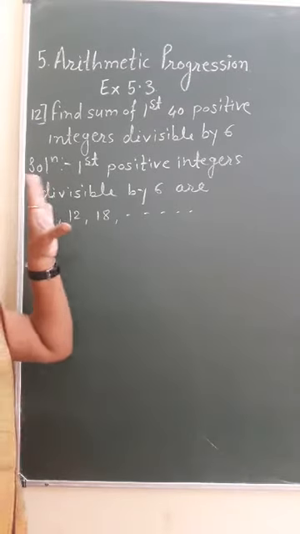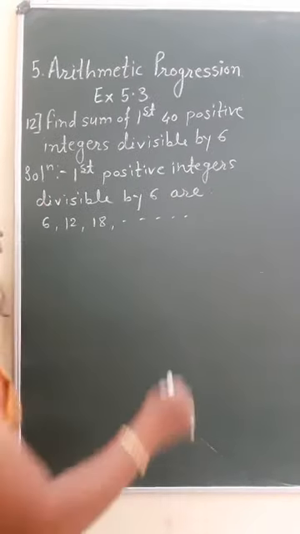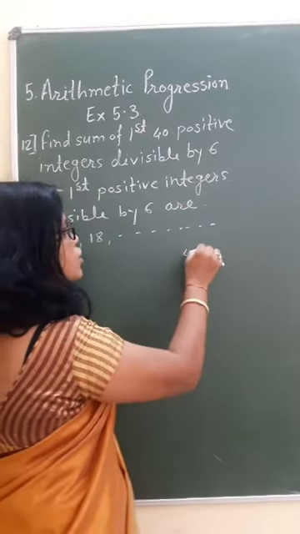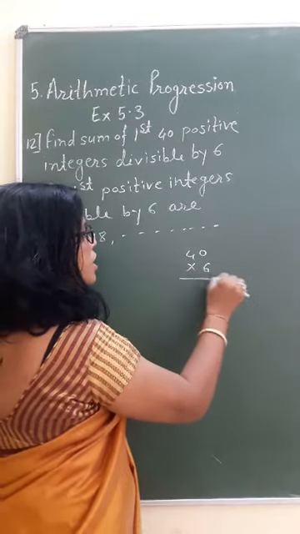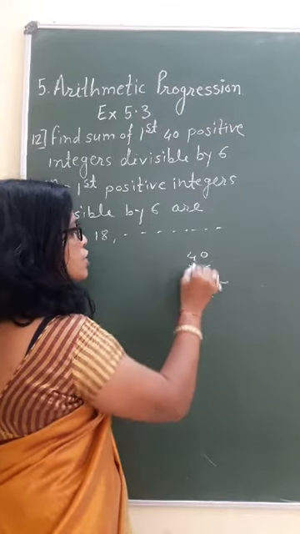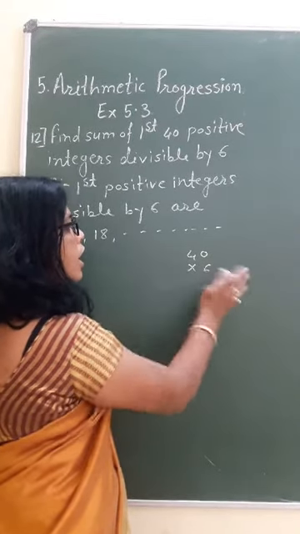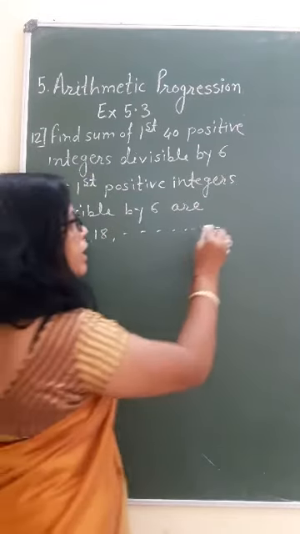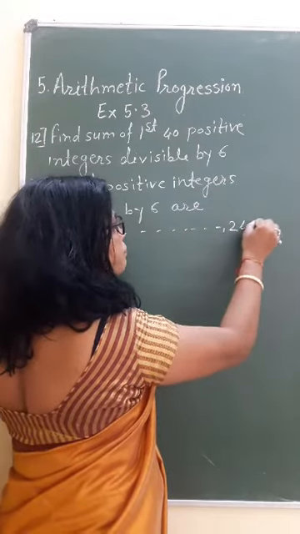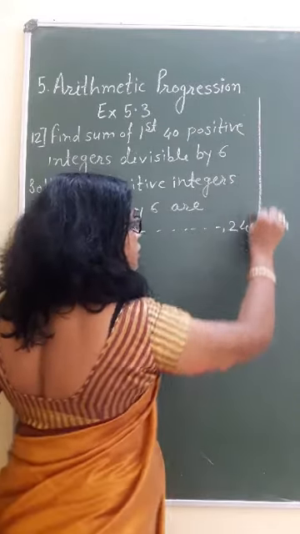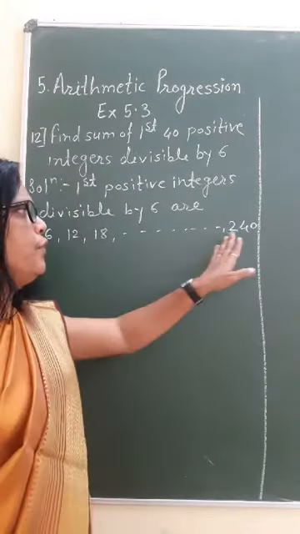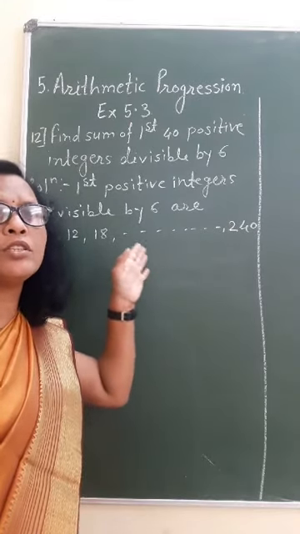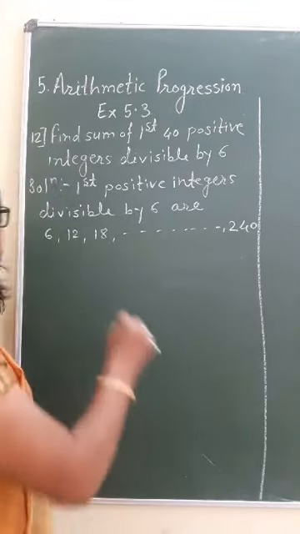They said 40 positive integers, which means we can find the last number too, that is 40 multiplied by 6. 6 fours are 24, which means the last, 40th integer we get will be 240. If we find the last term, then only we can find the sum of the 40 positive integers.